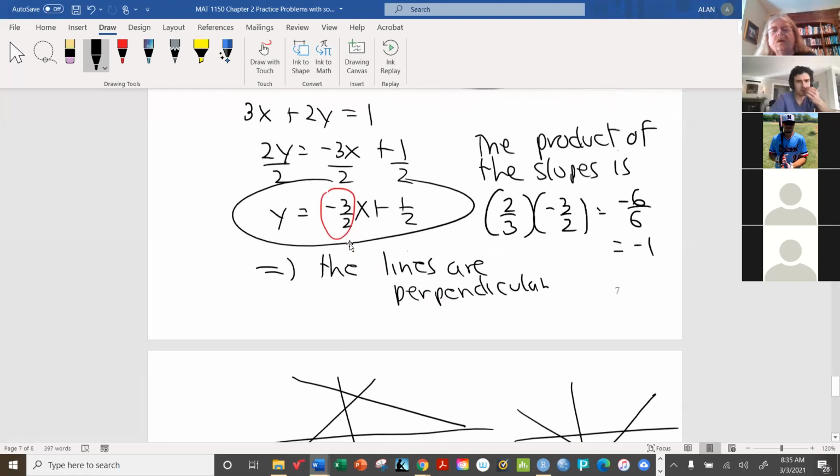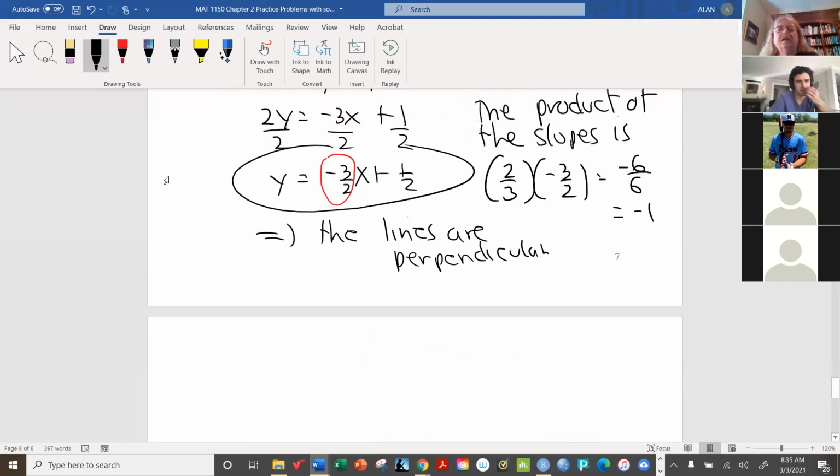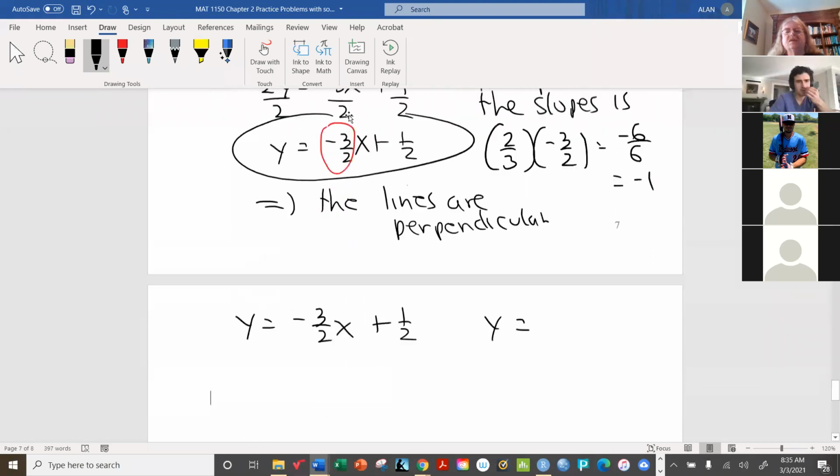And if you want to know the exact location where they're crossing, we know that they have to cross somewhere. So let's write them out again: y equals -3/2 x plus 1/2, and y equals 2/3 x plus 1.